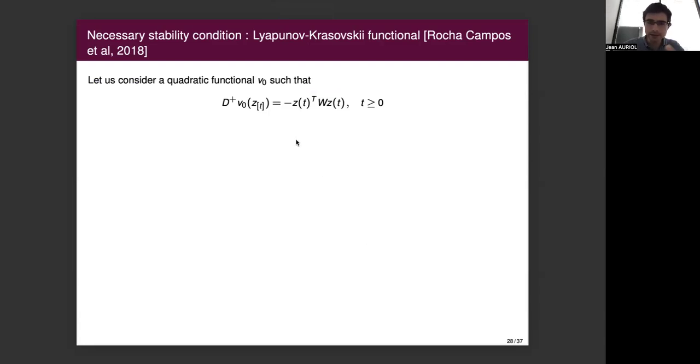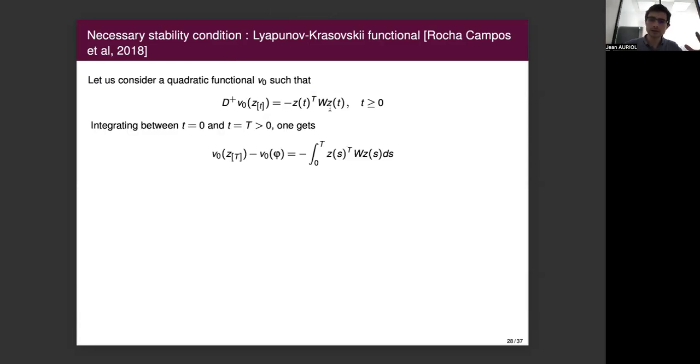Then they designed the quadratic Lyapunov functional, and they wanted this Lyapunov functional to verify that the Dini derivative is equal to minus Z transpose WZ. So integrating, they obtain this equation.